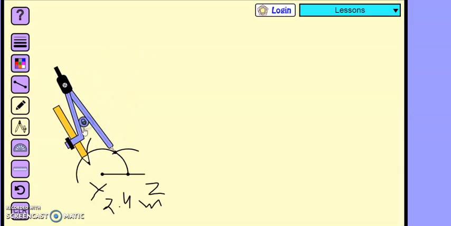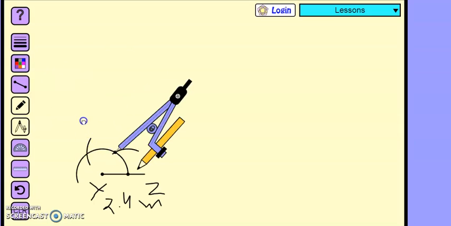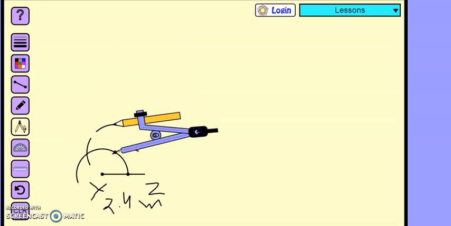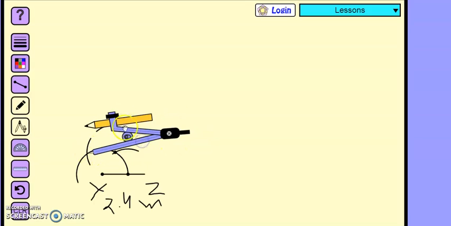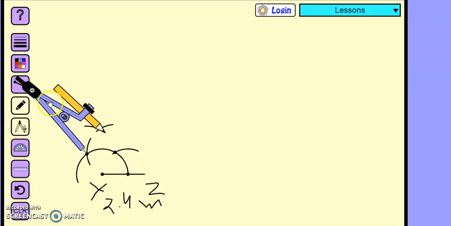And again, for the 90 degree angle, place your compass needle at 60 degree and draw this arc which is of 60 degree, and now bisect this arc by placing your compass at 120 degree.